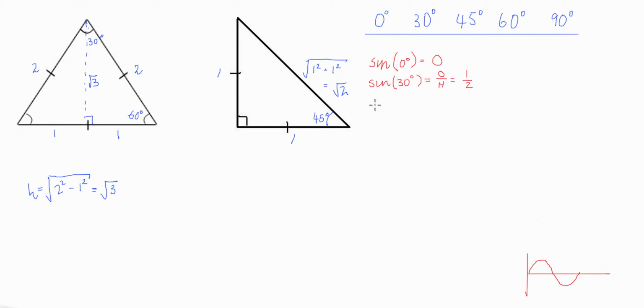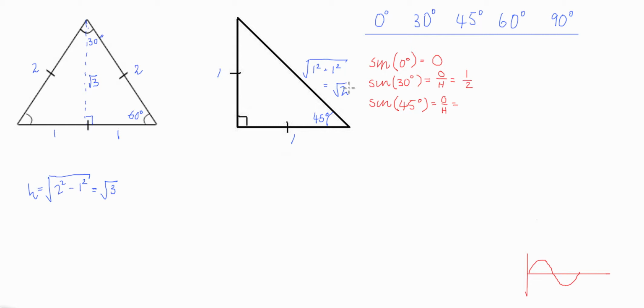Great. So let's go on to the next one, the sine of 45 degrees. Again, we know that it's opposite over hypotenuse. To get the 45, we go to the 45-degree triangle. The opposite side is 1, and the hypotenuse is the square root of 2.